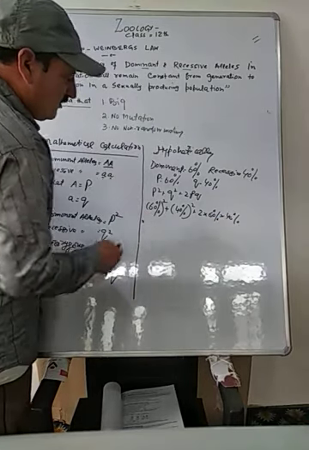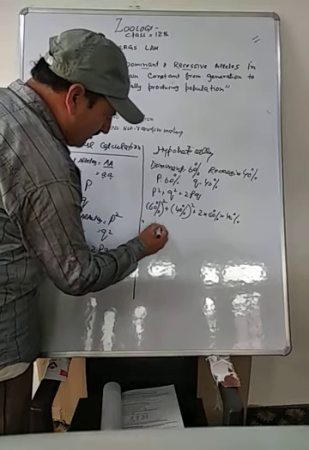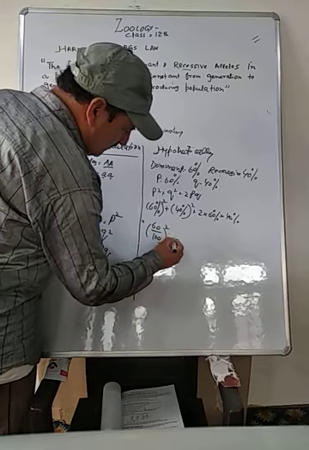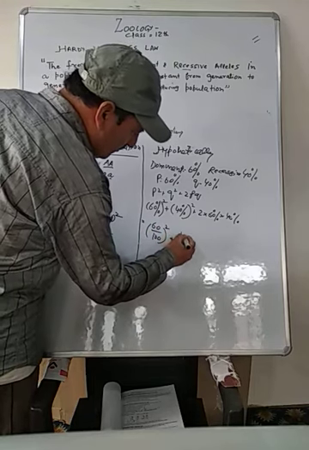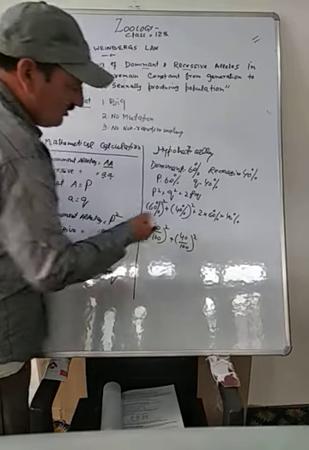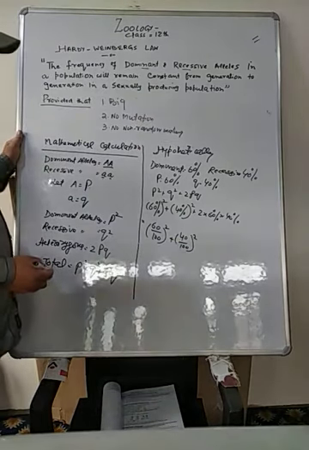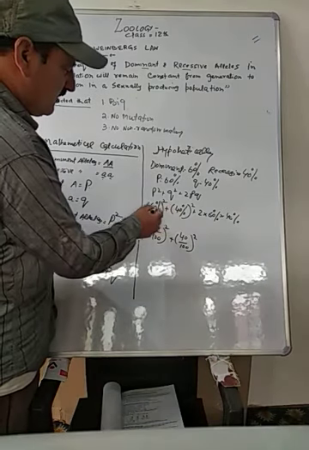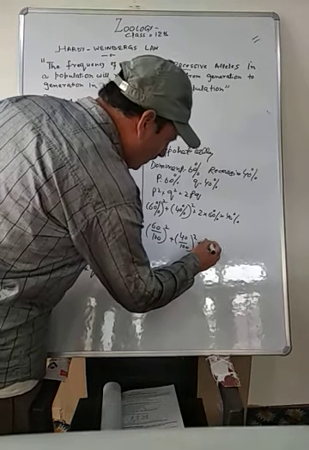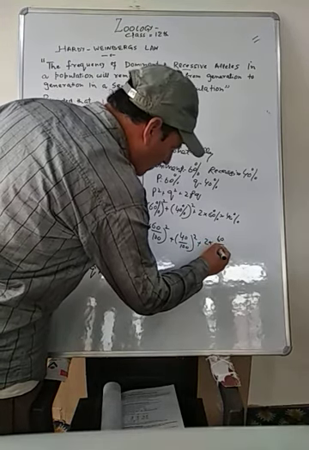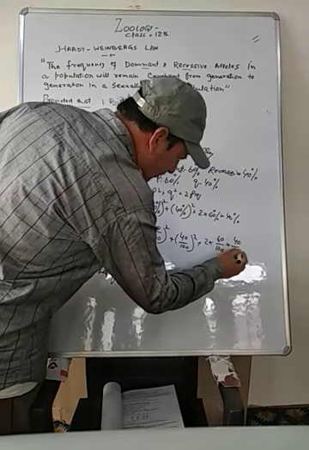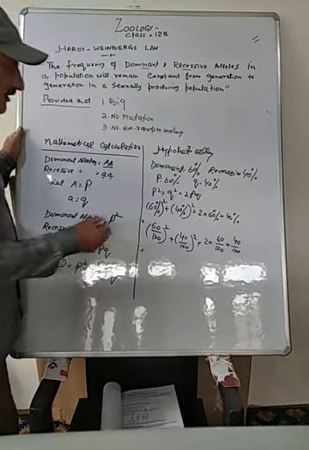Now 60% means 60 by 100, and 40% is 40 by 100.